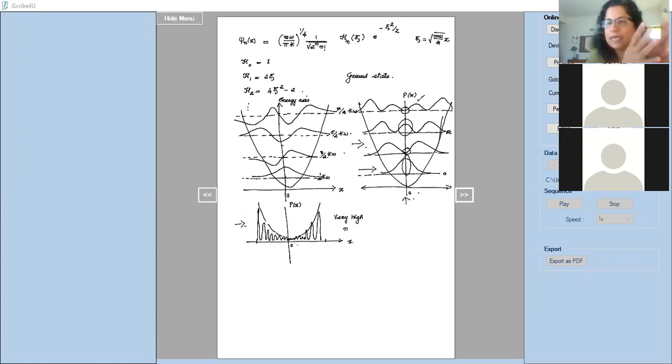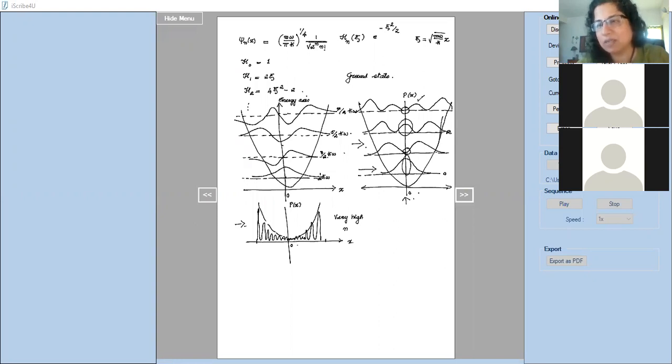Okay, let me give you guys a clue. You're right, Medha, in some sense, you're completely right. You would say that the probability is going to be maximum when the particle spends most time there. Everybody agrees with this? Now the time spent in a position would go inversely as its velocity.